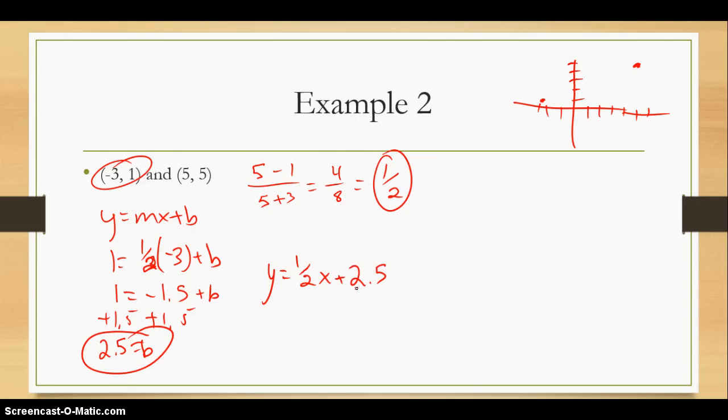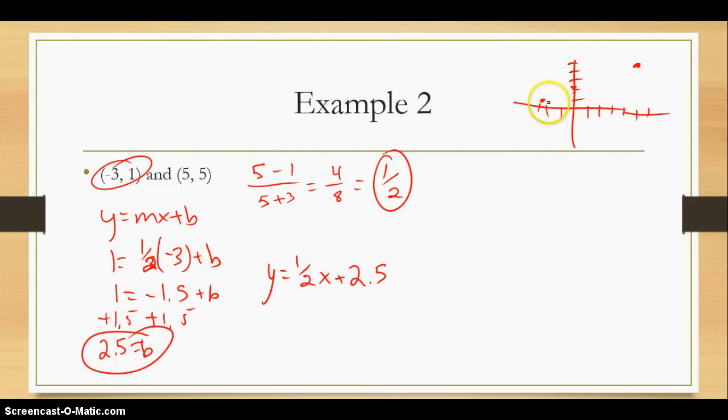So if I went to 2.5, it would be about right here. If I went down 1 over 2, down 1 over 2. Now this one goes down a half, which would be right here.